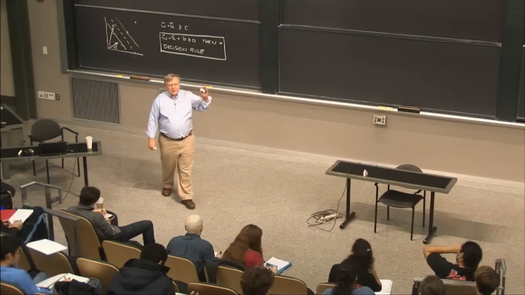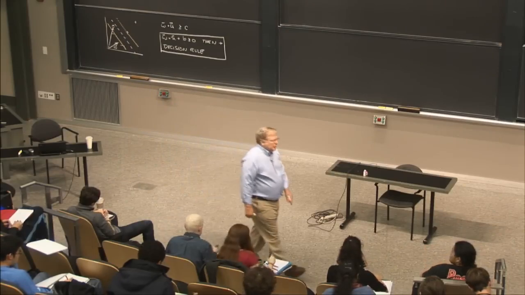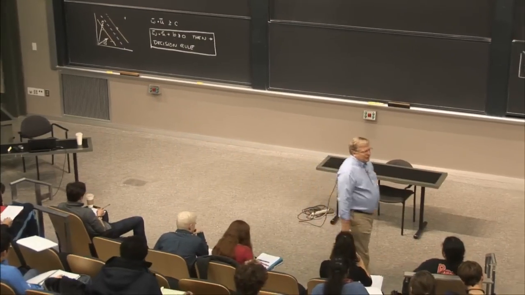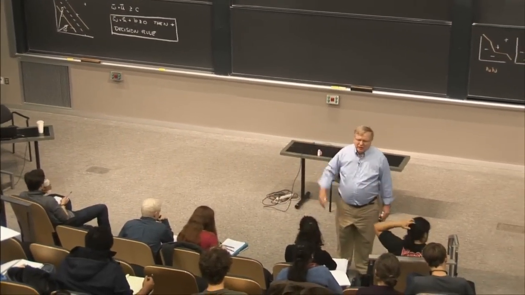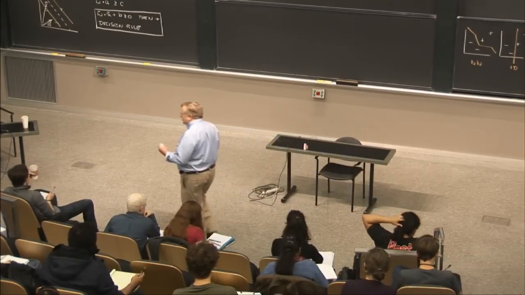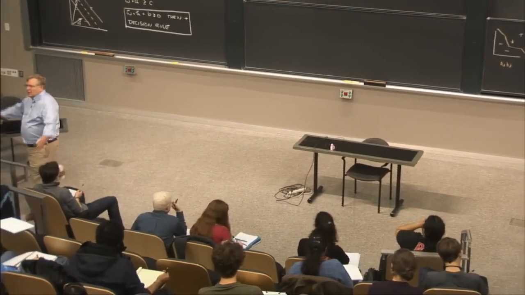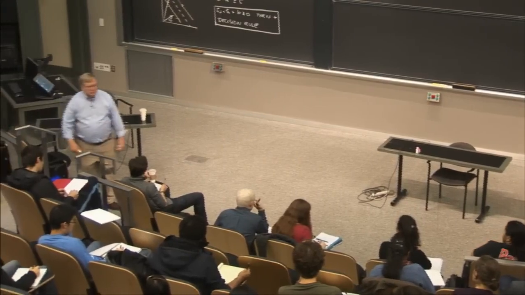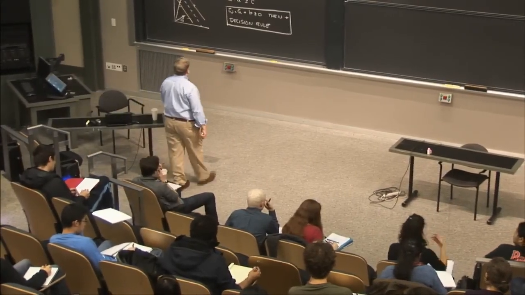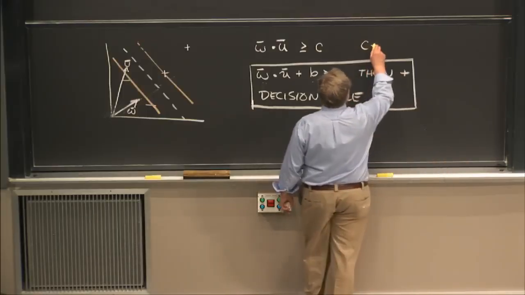We know that W has to be perpendicular to the median line of the street, but there are lots of W's that are perpendicular to the median line of the street because it can be of any length. So we don't have enough constraint here to fix a particular B or a particular W. Are you with me so far? Yeah. All right, so what we're going to do next, and this, by the way, we get just by saying that C equals minus B.